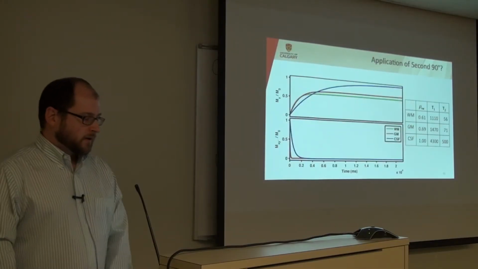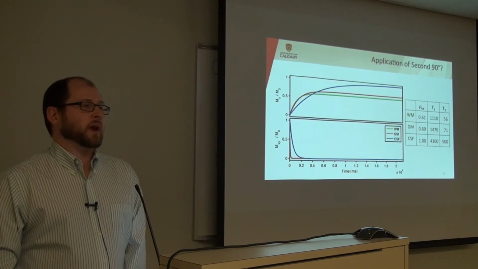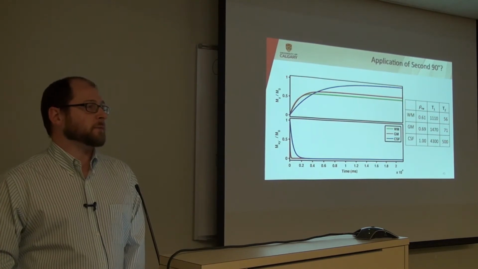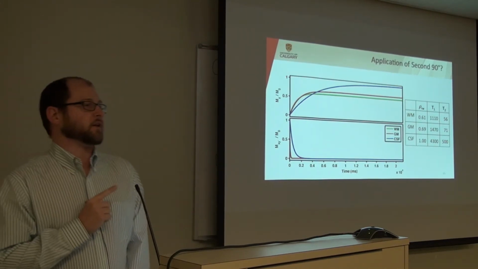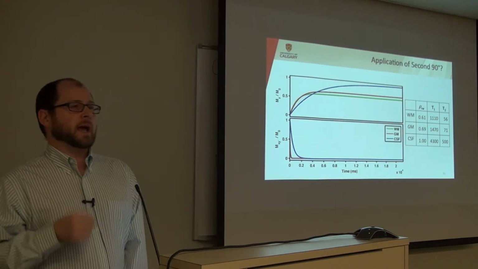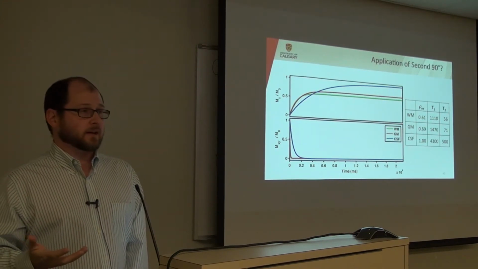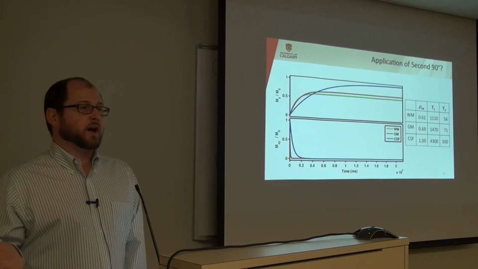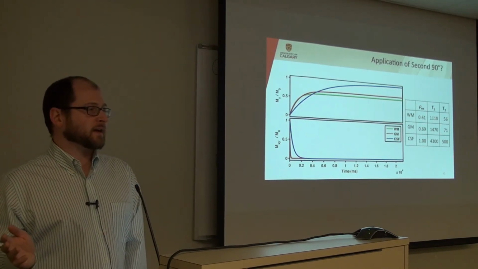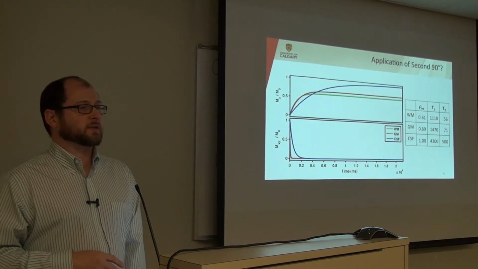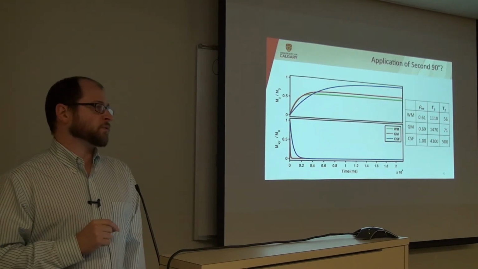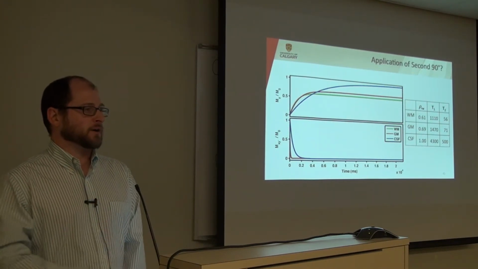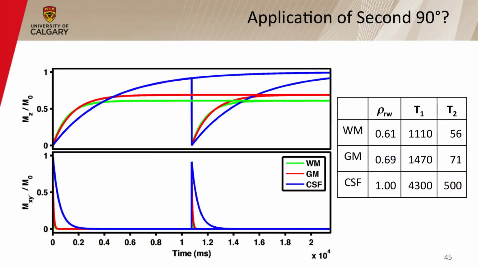All right, now we've already looked at what happens as a function of time if we apply one 90-degree pulse, okay? What happens when we apply a second 90-degree pulse? Now, if we wait long enough and apply that second 90-degree pulse, the curve's not going to look any different. The difference comes when we start applying that second pulse before one of the chemical species has recovered, in this case, cerebral spinal fluid, okay?